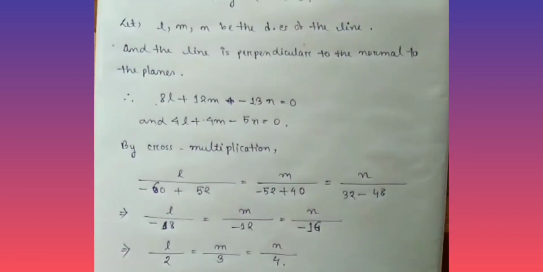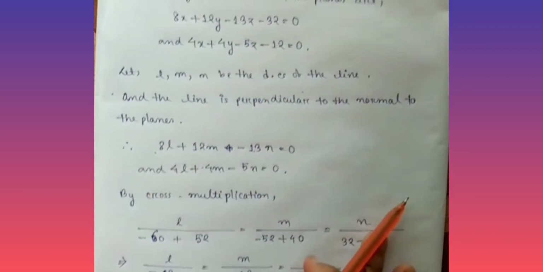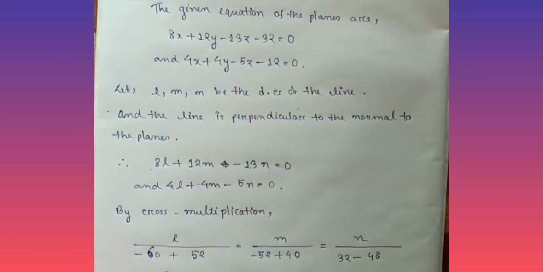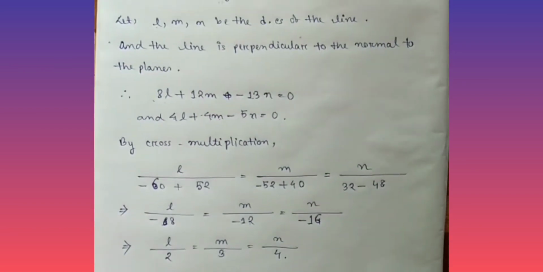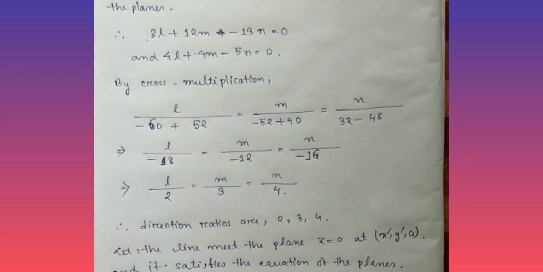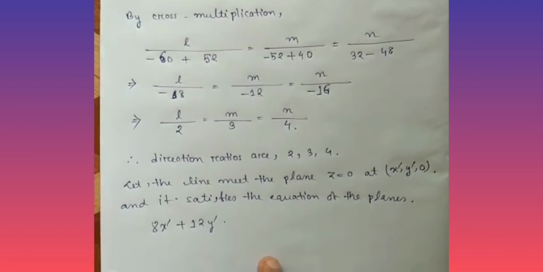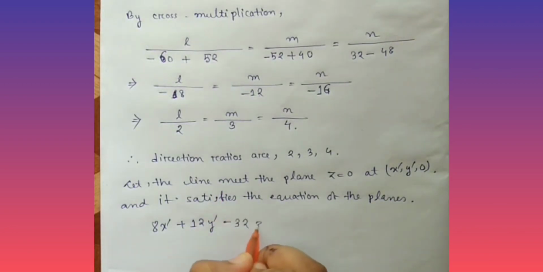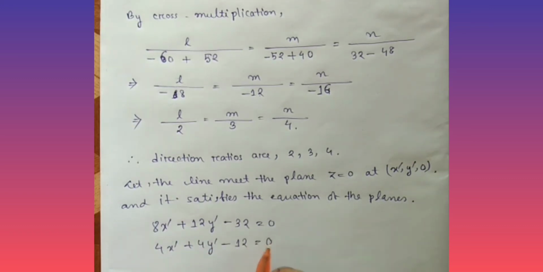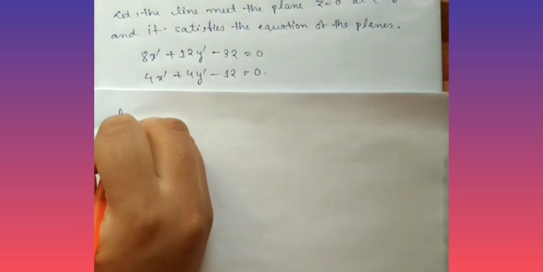Now we consider that the line touches the plane z equal to 0 at x dash, y dash, 0. Therefore, clearly it satisfies the equations of the planes. So the equations become 8x dash plus 12y dash minus 32 equals 0 and 4x dash plus 4y dash minus 12 equals 0.